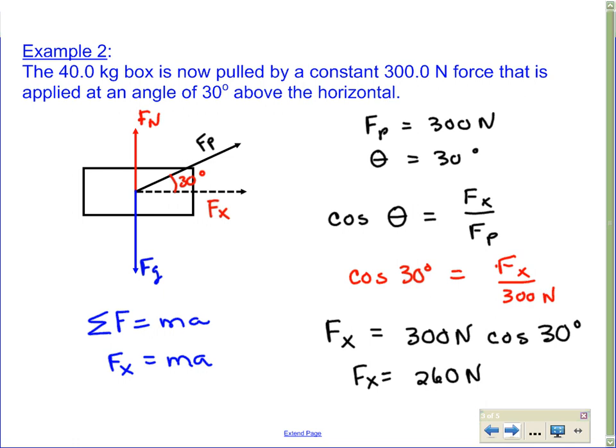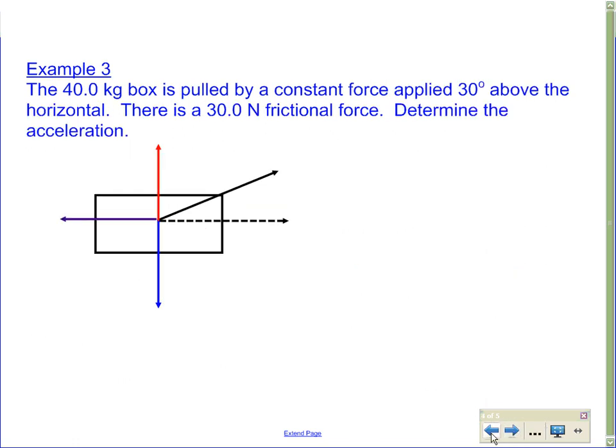So let's use that to solve our Fx equals ma. Oops, let me get a new page. So, to rewrite, Fx equals ma. If we rearrange, we have the horizontal force divided by the mass.